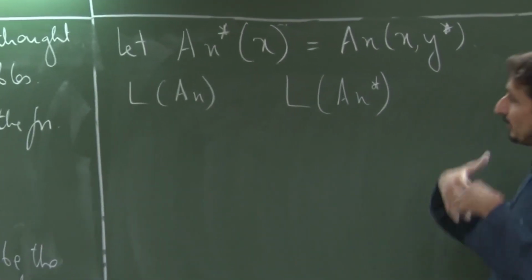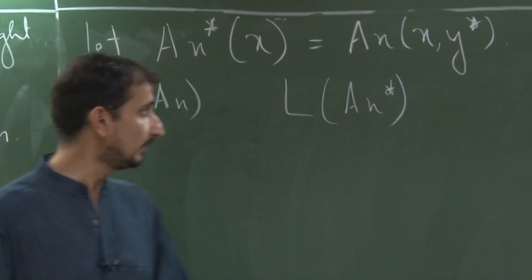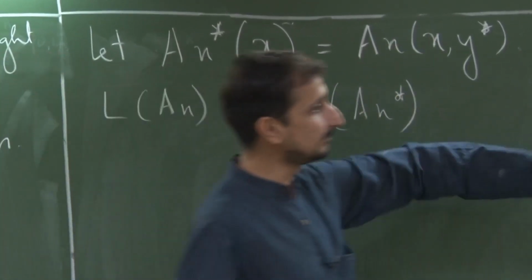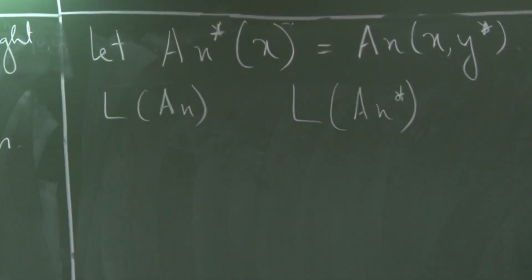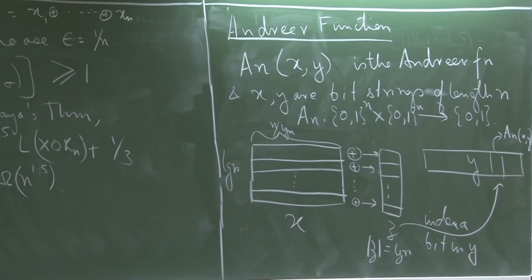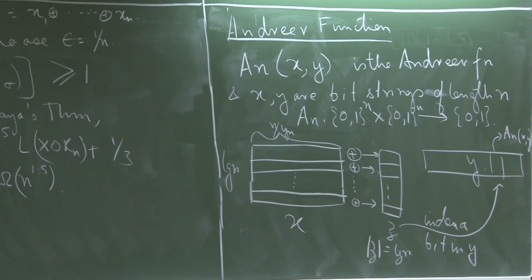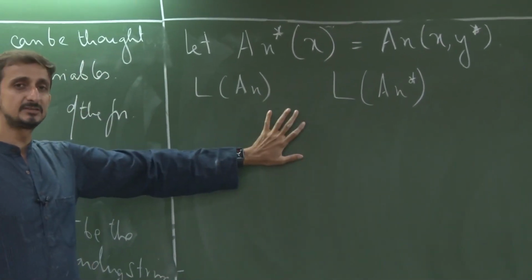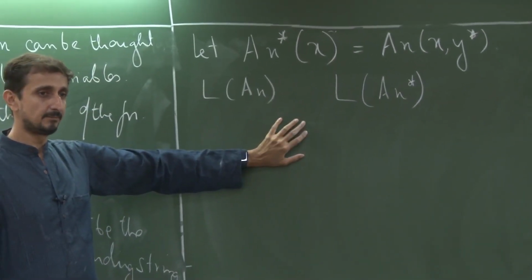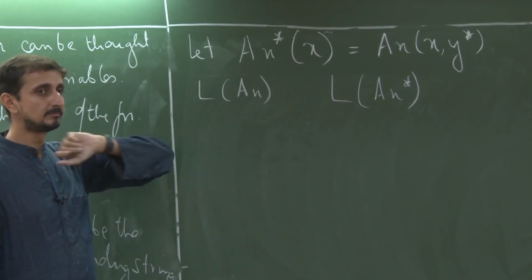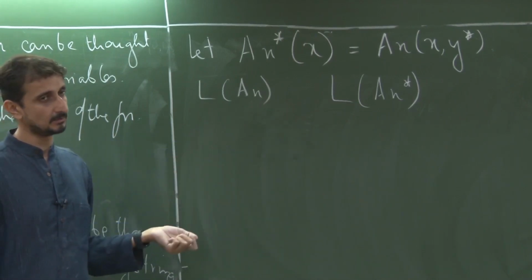My goal is to give a lower bound on the formula complexity of a n. Okay. That was what my initial goal was. So, I considered a function and I want to consider a lower bound on its formula complexity. Now, I have defined another function a n star. How do these two lower bounds compare? Which should be more? A n, why?